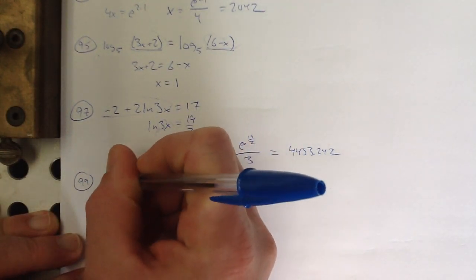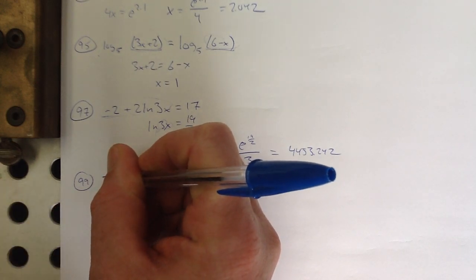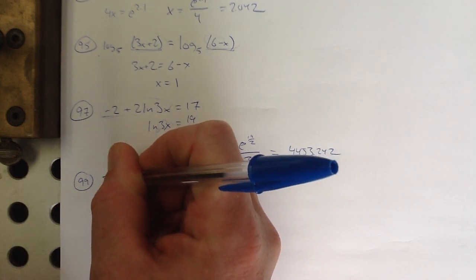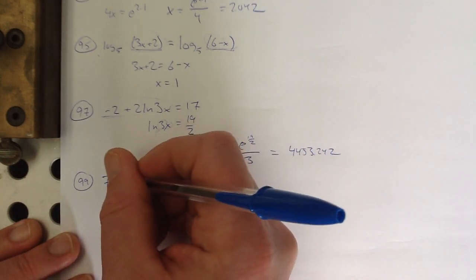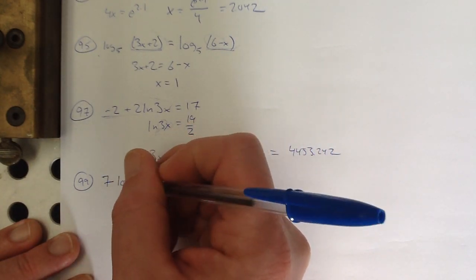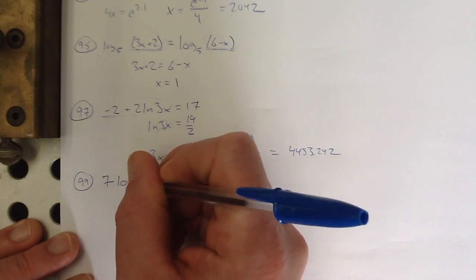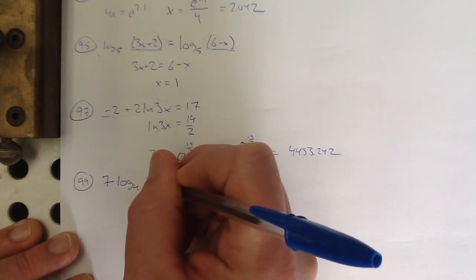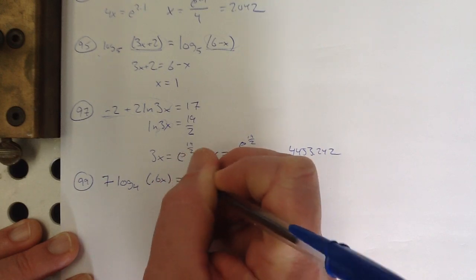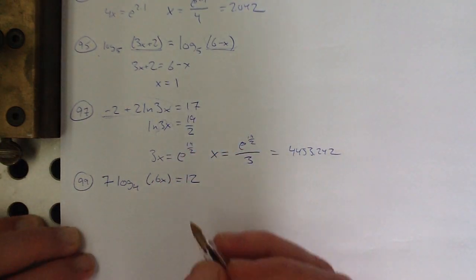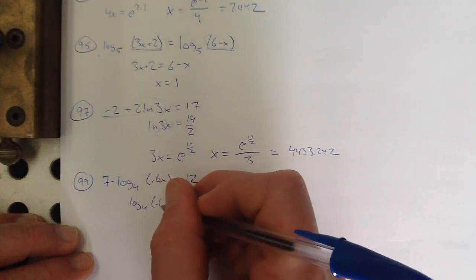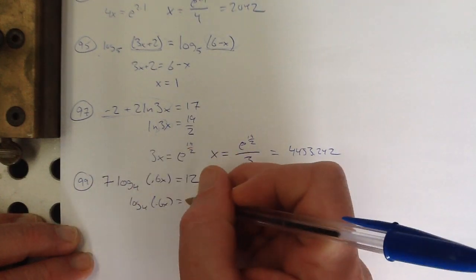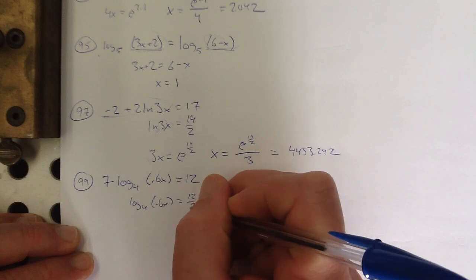99. Where are we going to? Number 111. We're getting there. 99 is 7 times the log base 4 of 0.6x equals 12. So a little bit of algebra first. Log base 4 of 0.6x is equal to 12 over 7.